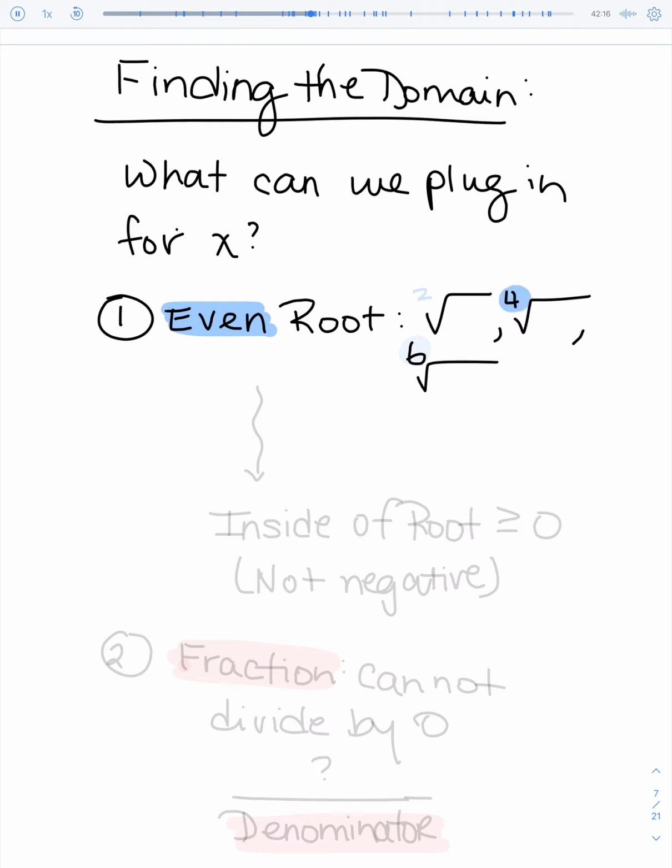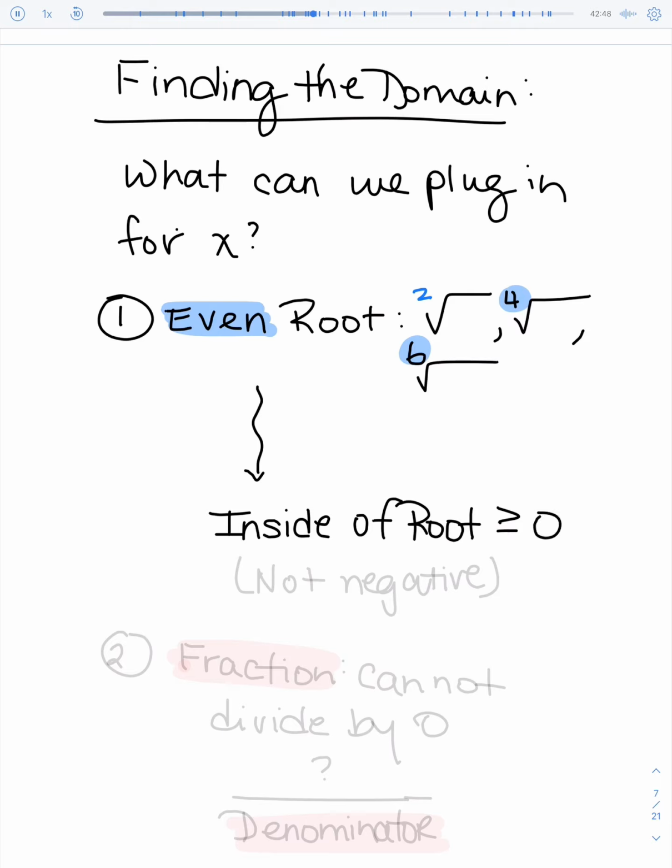It's a fourth root, a sixth root, or if it's a square root, there's a hidden 2 there. And what we're worried about with roots is that we don't want to end up with imaginary numbers. What gives us imaginary numbers are negatives inside of an even root. So what we want to make sure happens when we have an even root is that whatever's inside of the root ends up being greater than or equal to 0.